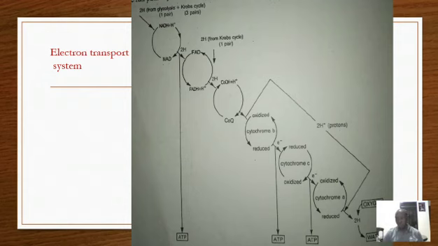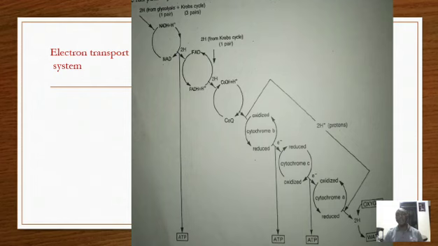It involves the oxidation of cytochromes, leading to formation of ATP, hence a process called oxidative phosphorylation. Oxidative phosphorylation because it involves oxidation of cytochromes leading to formation of ATP.